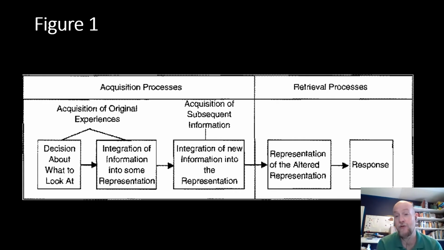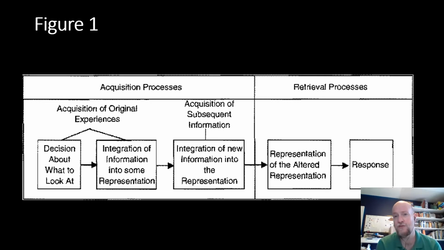You're making a decision what to look at, and you're integrating that information into some visual representation of the experience in your mind. Now, you are then acquiring some subsequent information potentially through those initial questions. And in the case of these studies, these are questions that involve either true or false presuppositions.